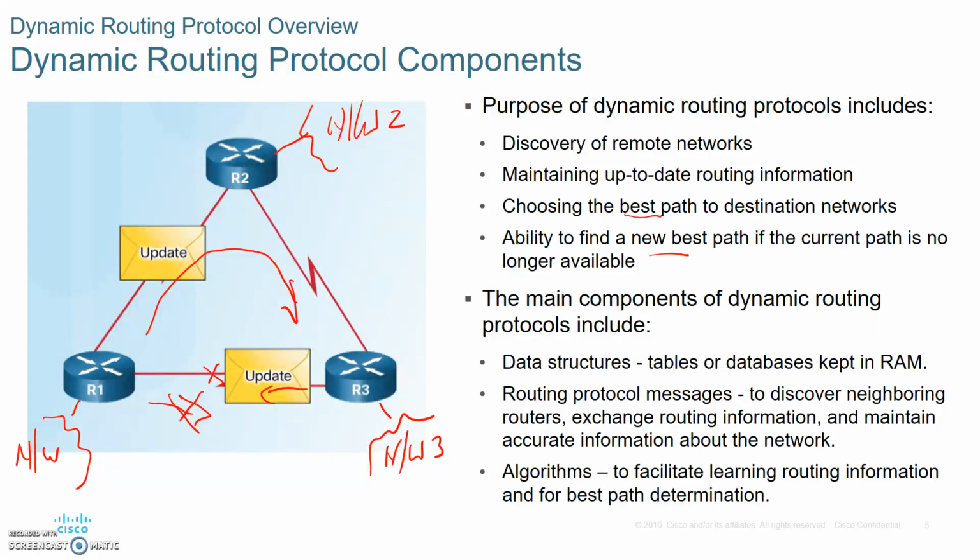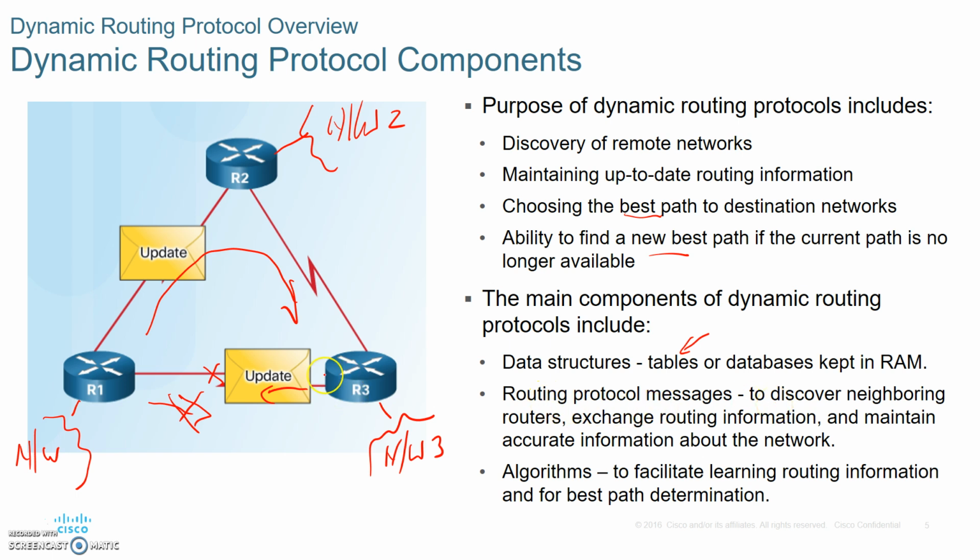The main components of the dynamic routing protocol will include tables or database that is kept inside your RAM. This will be your routing tables. Your routing table will be kept in the RAM, and dynamic routing protocol will use this table to decide how to route the packet. Next, routing protocol messages.